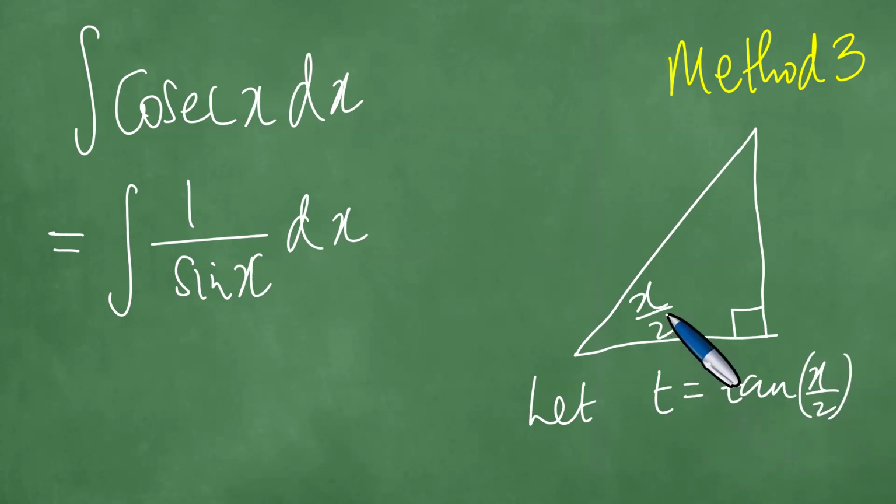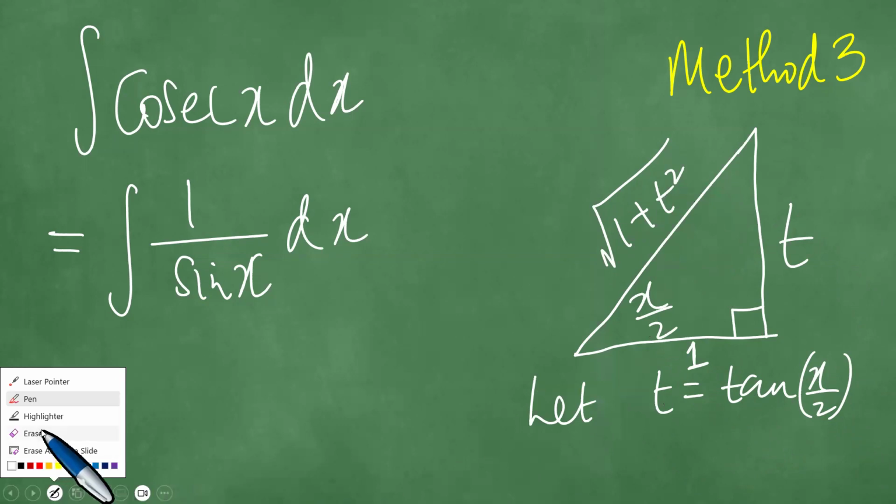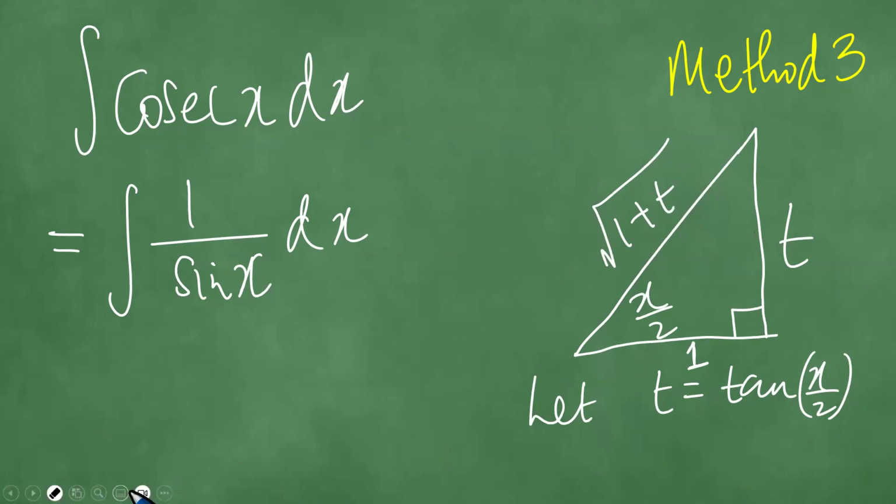So now here you put x over 2, and the tangent is opposite over adjacent. Therefore, by using the Pythagorean relation, the hypotenuse is the square root of 1 plus t squared, like this.